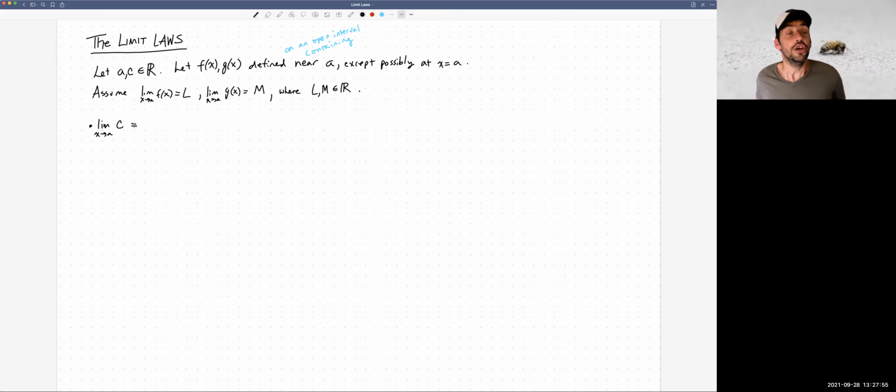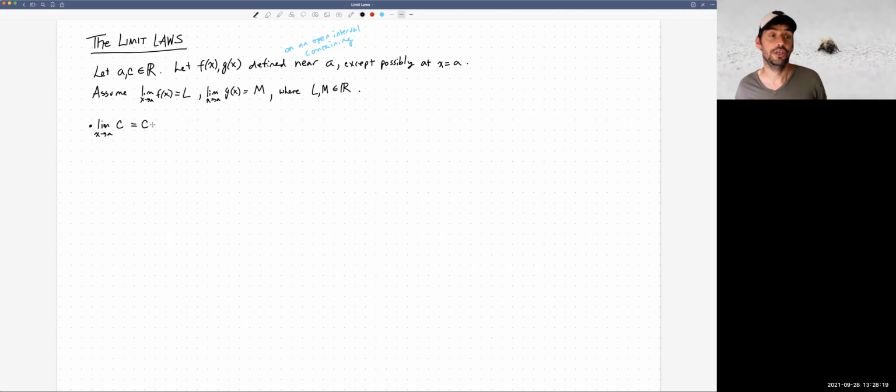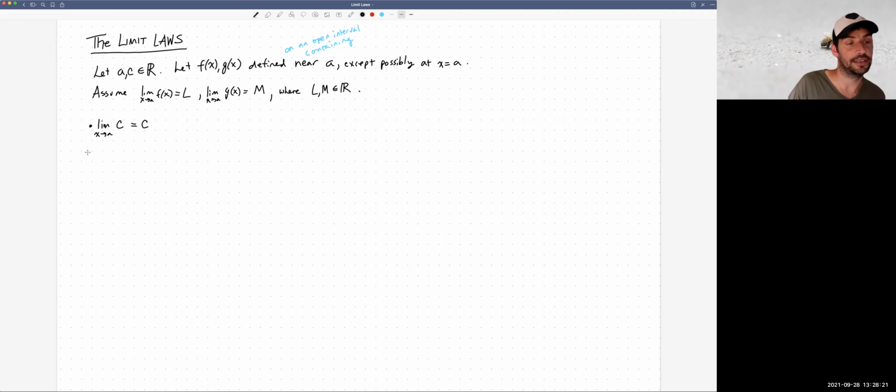Well, the function here is just a constant number. If the function is f of x equals 7, and I'm taking the limit as x goes to 1, changing the input x doesn't change anything about the output. It's always at C. There's no other number it ever gets closer to, and it's always infinitely close to C. It is C. So changing x has no effect on the constant.